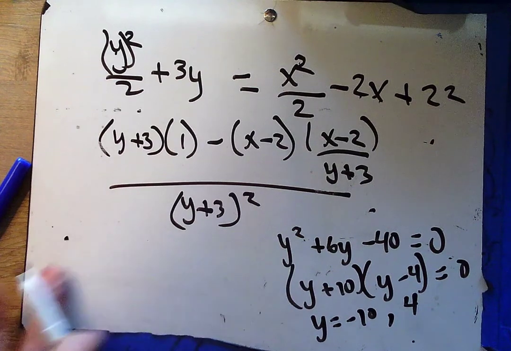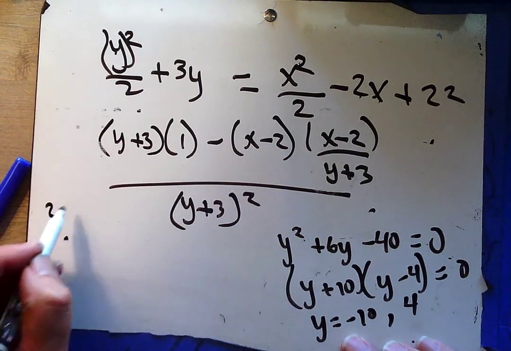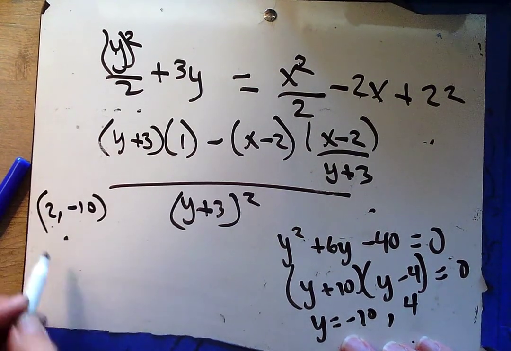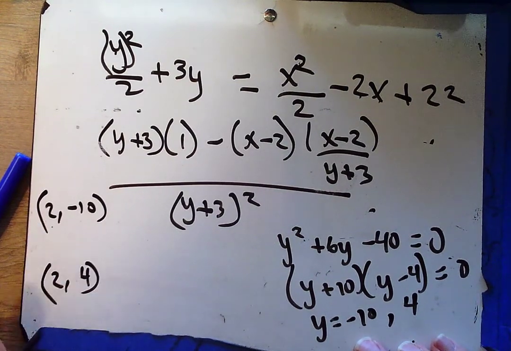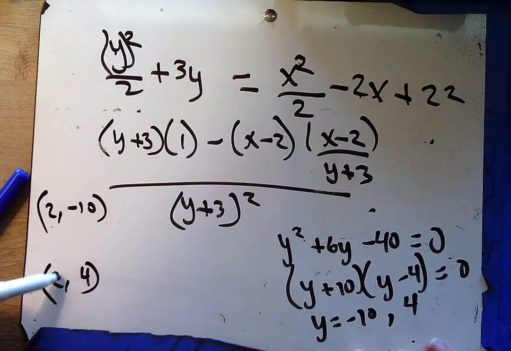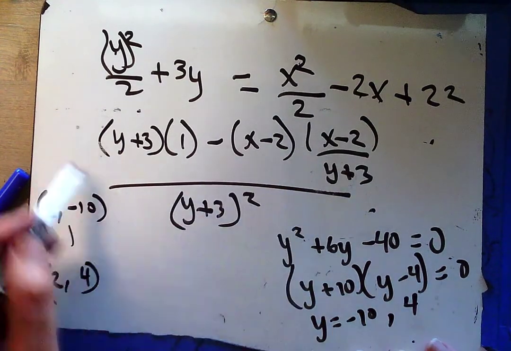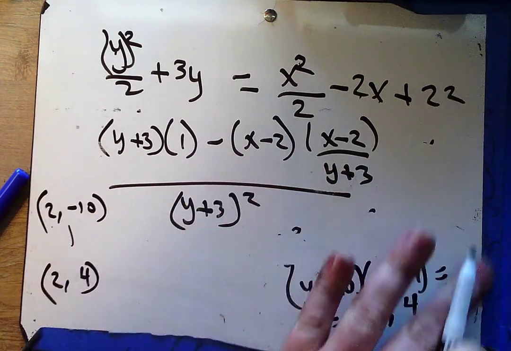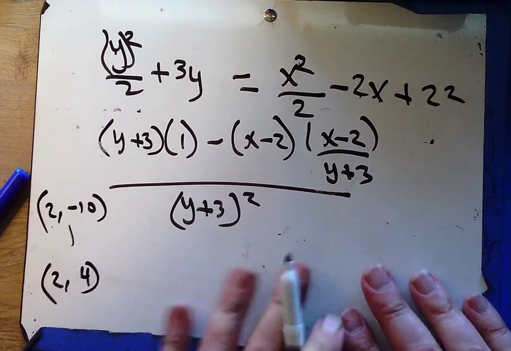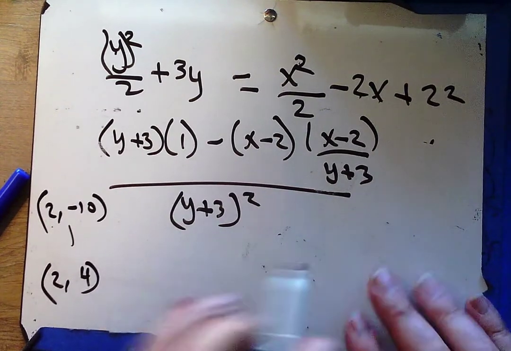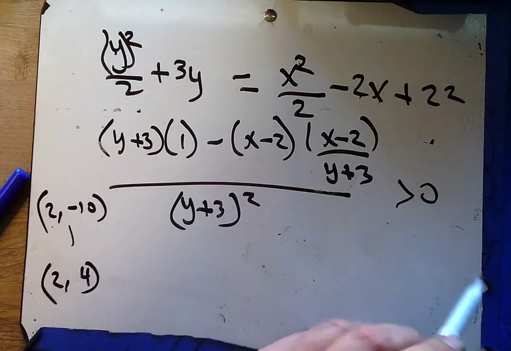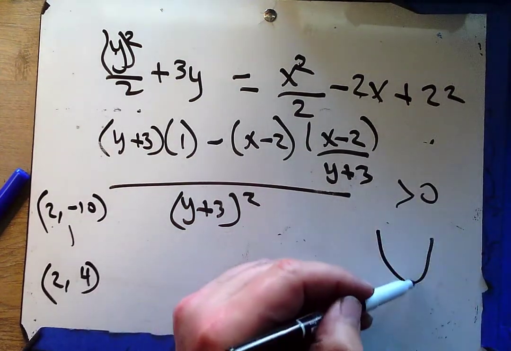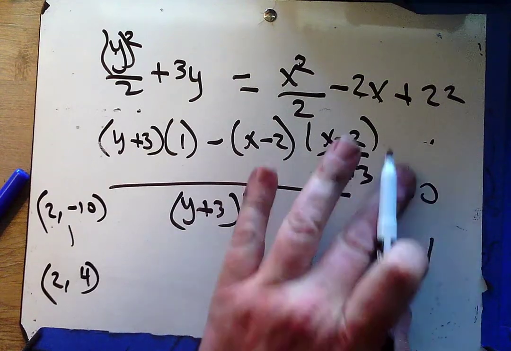All right, so at x equals 2 and y equals negative 10, and I have x equals 2 and y equals 4. Now I'm going to take these ordered pairs, and one at a time I'm going to plug them in here. Remember, this is our second derivative test. If the second derivative is greater than 0, then we know we have concave up, and so we have a min.